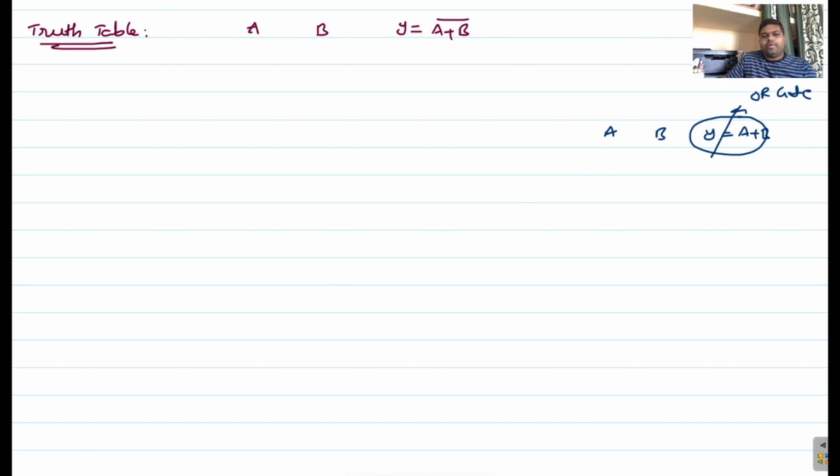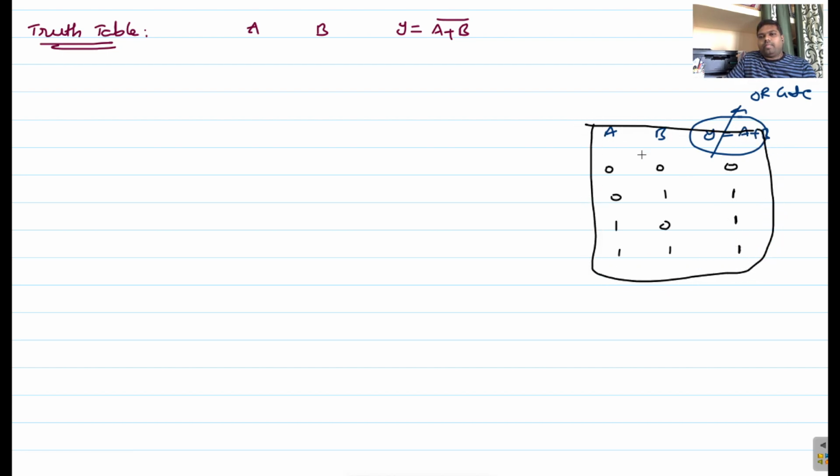So when you take inputs like 0 0, 0 1, 1 0, 1 1, 0 0 obviously indicates 0 according to OR gate logic, and 0 1 means 1, 1 0 means 1, 1 1 means 1. So this is the OR logic, right?